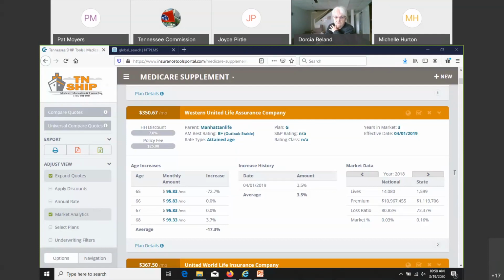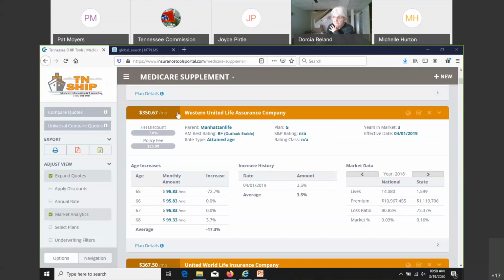Helen said, would you share with everyone the information you shared with me about folks under 65 being subject to medical underwriting? Yeah, we discussed that, Helen. If you're below the age of 65, then you would have a much higher premium, and you would not have the ability to have a guaranteed issue right.